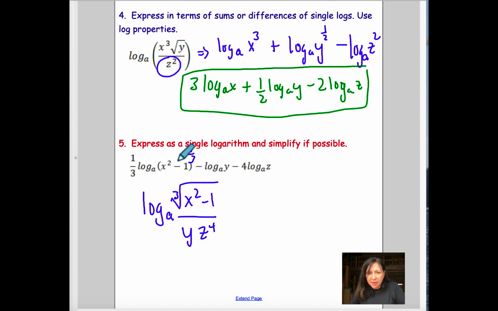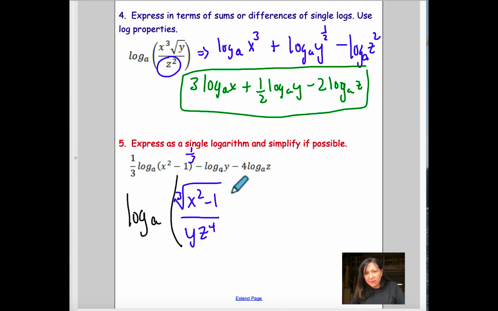And then just to be clear, I would make sure that I put parentheses out front, so I'm going to rewrite this just to make sure I can fit my parentheses in there, because I want that log base a to be outside. And then just parentheses for that quantity.